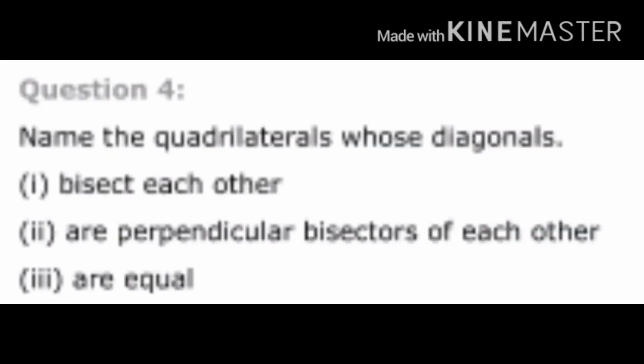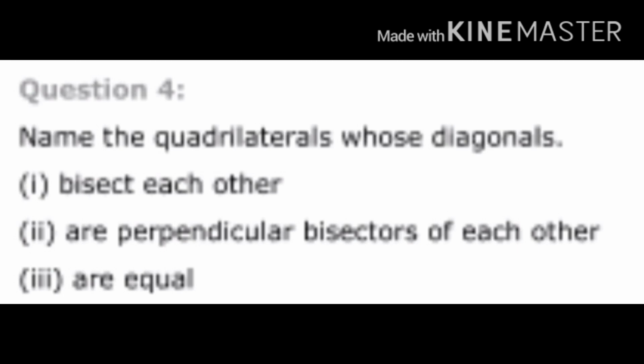Now question number 4 is name the quadrilaterals whose diagonals bisect each other. The answers are parallelogram, rhombus, square and rectangle. So all of you must remember that in a parallelogram the diagonals bisect each other. In rhombus the diagonals bisect each other. In square the diagonals bisect each other, and in rectangle the diagonals bisect each other.